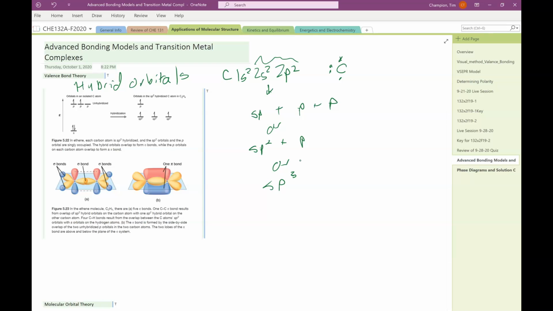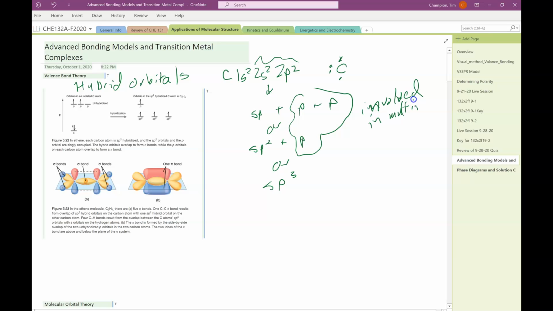And that's how we explain that. Now, these extra p orbitals are usually involved in multiple bonds, that is to say, double or triple bonds.